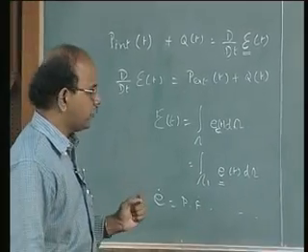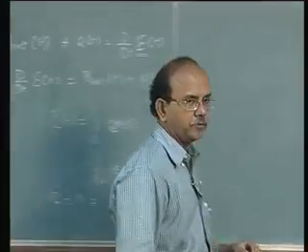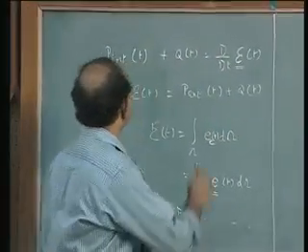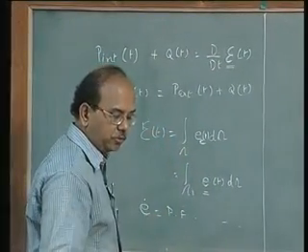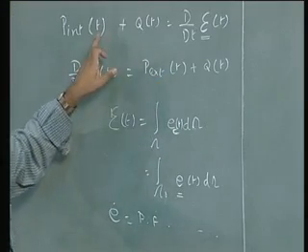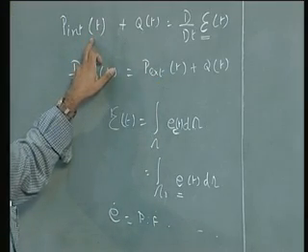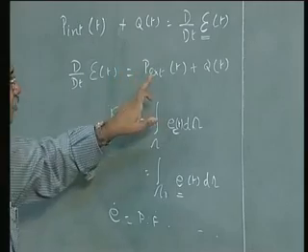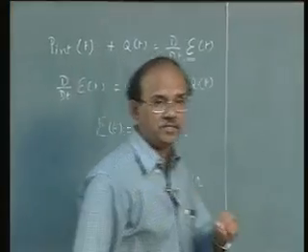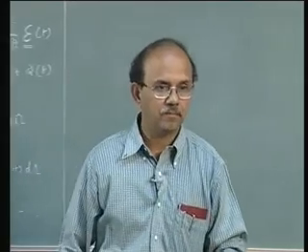The next question, which I was asked, I said I'll answer today, is that now look at these two equations. Another question is, does it mean P internal, so mechanical work, internal work, is equal to P external? Yes. As far as the mechanical work is concerned, P internal is equal to P external.